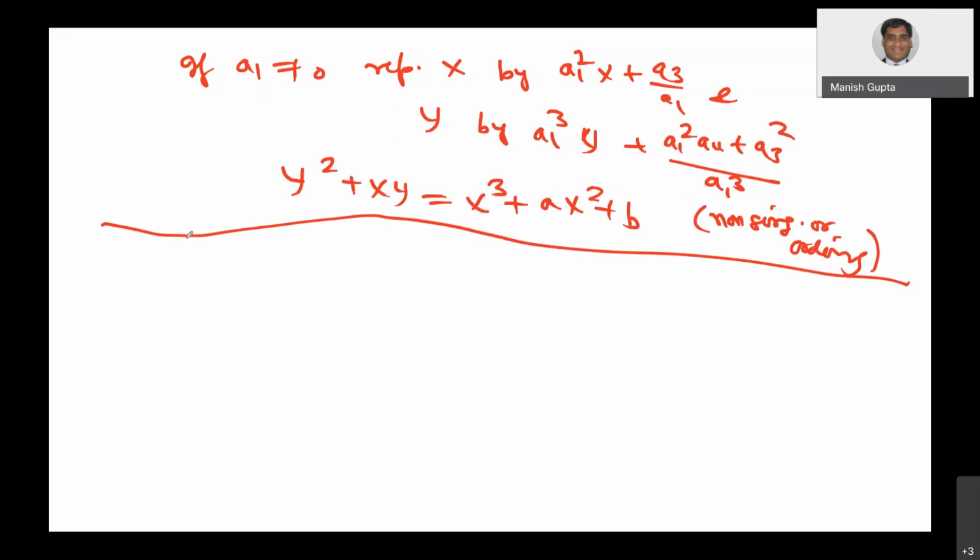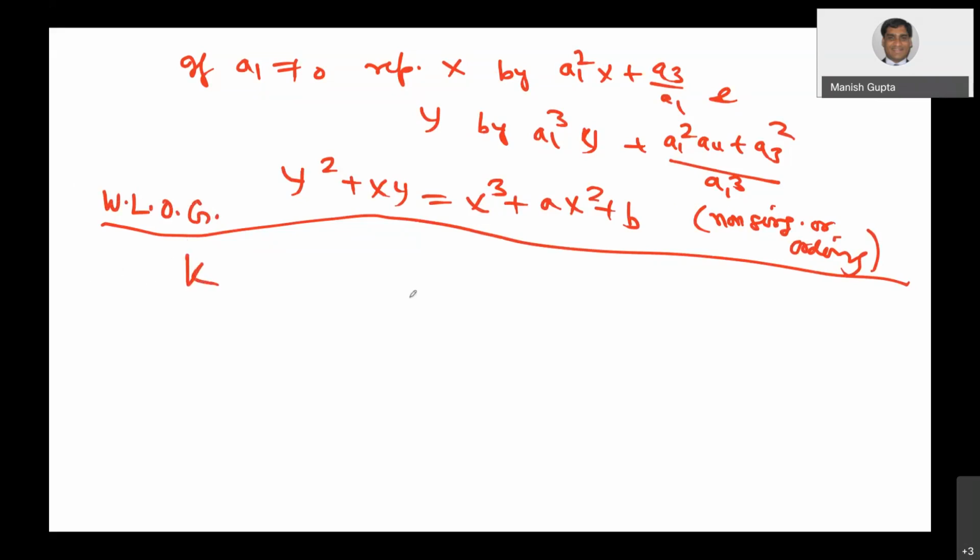So without loss of generality, even if we do these transformations on the curves, the number of points satisfied by the first equation or the transformed equation remains the same. We say that without loss of generality.